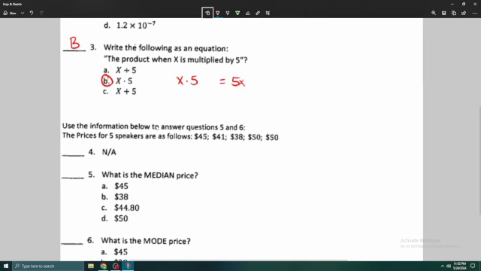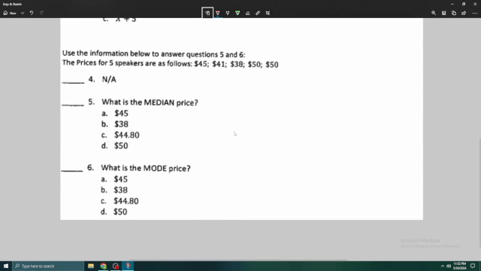So use the information below to answer questions 5 and 6. The prices for 5 speakers are as follows. $45, $41, $38, $50, and $50. I don't see a question here. I'm assuming it's going to be what's the mean, or the average, right?